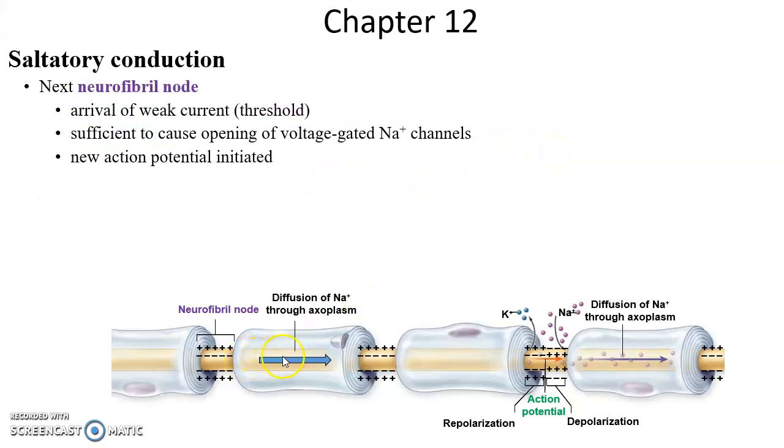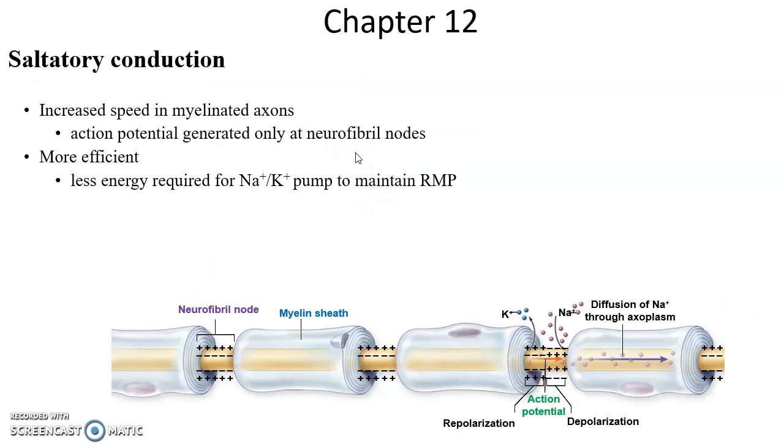And so even though the charge from diffusion decreases as it goes down the axon, by the time it reaches the next neurofibril node, it will be at threshold. So as long as it's at threshold when it gets to the next neurofibril node, you get action potential generated. And this is all, again, faster than the continuous conduction.